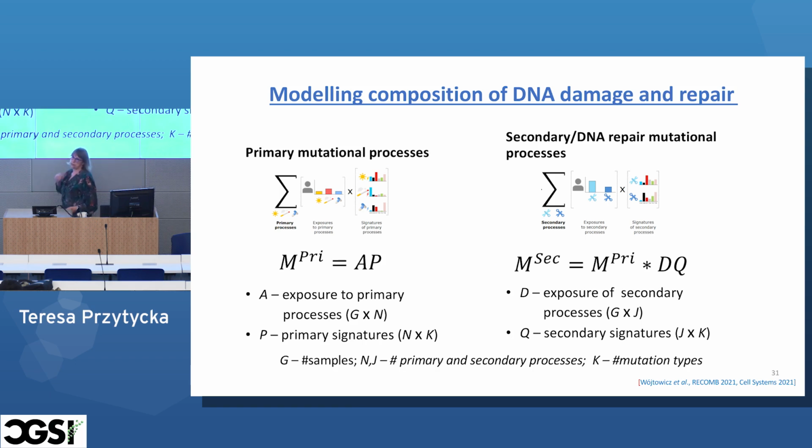Primary processes like UV light and whatnot will be independent, and we will dissect them using non-negative matrix factorization or a similar procedure, while we assume that we have a second group of processes that really act on the primary processes, and rather than causing a mutation, those processes fail to repair mutations with certain probabilities.